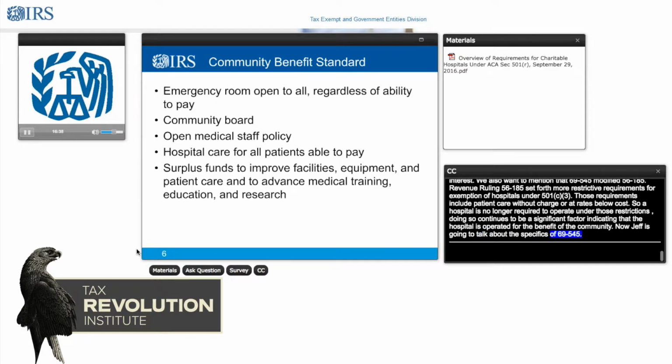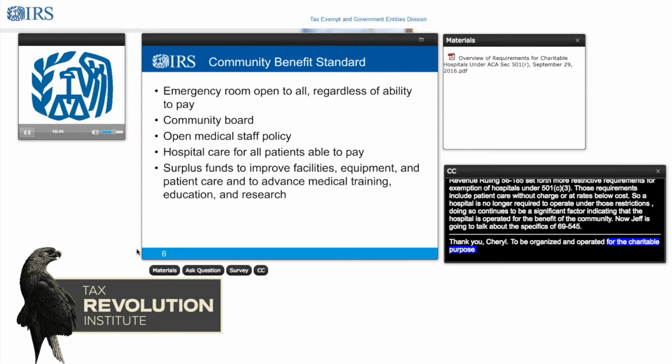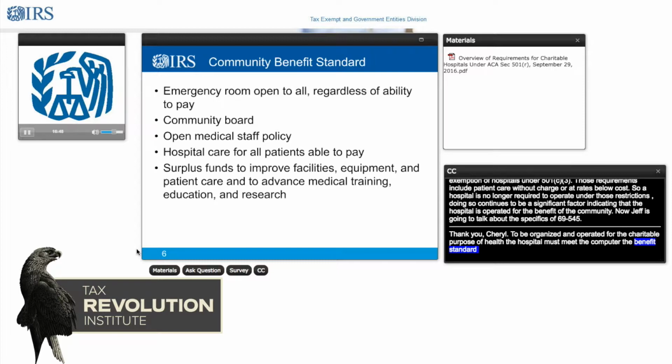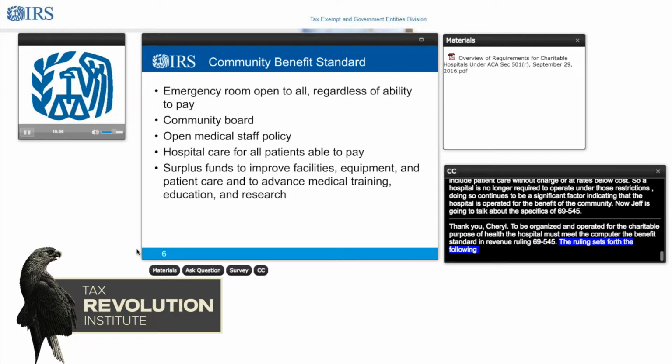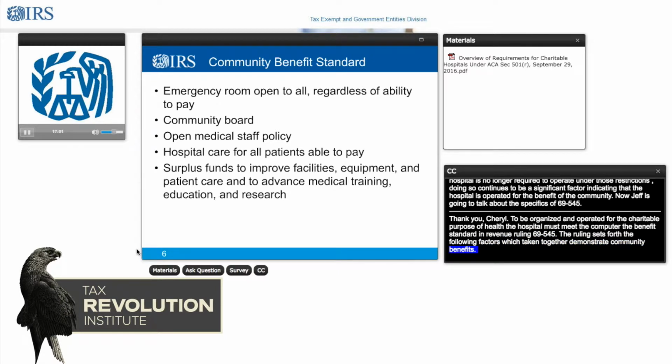Thank you, Cheryl. To be organized and operated for the charitable purpose of promoting health, a hospital must meet the community benefit standard in Revenue Ruling 69-545. The ruling sets forth the following factors which, taken together, demonstrate community benefit. First, operating an emergency room open to all, regardless of ability to pay.